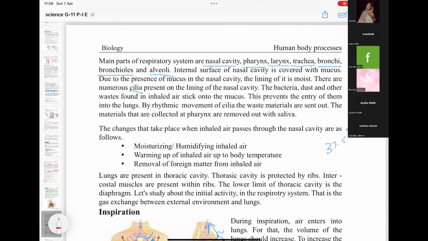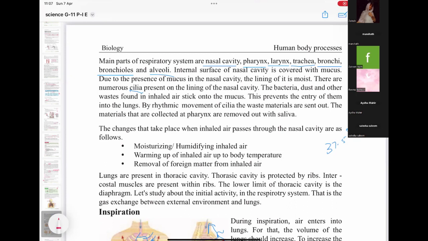Okay. So the internal surface of the nasal cavity, if you touch your nasal cavity, you can feel mucus, right? Whenever you get infected, that mucus is so much, and then you will have a runny nose. So the internal surface is covered with mucus, and when you touch, you can see hair-like things. Yes, they are hair. And if you touch a little bit behind, you can feel some cilia there.